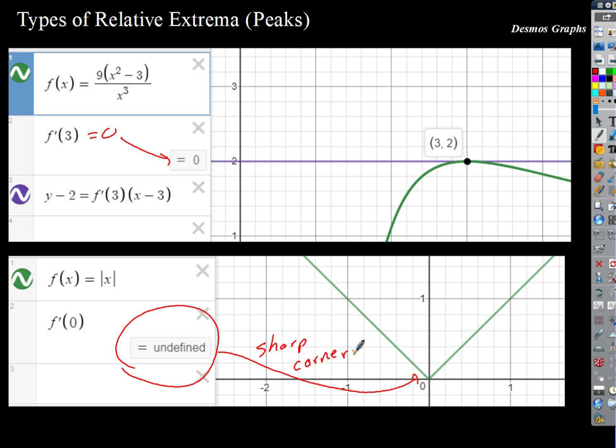Right. Whereas here we had a horizontal tangent line. Right? Okay.